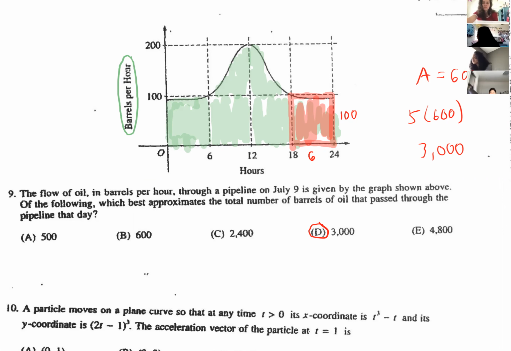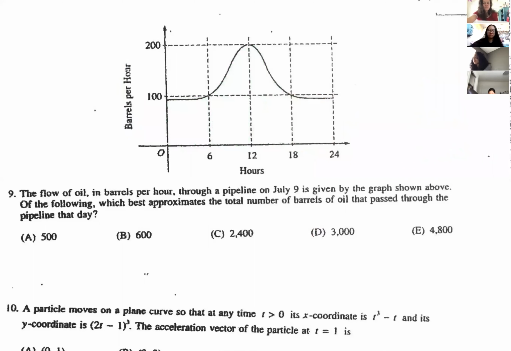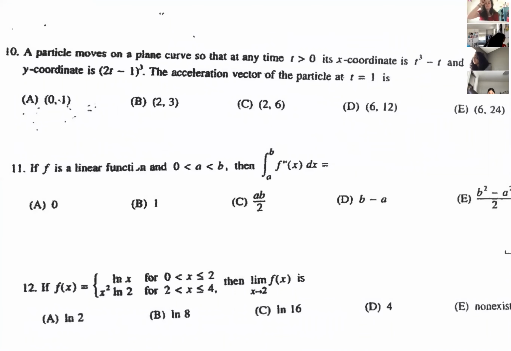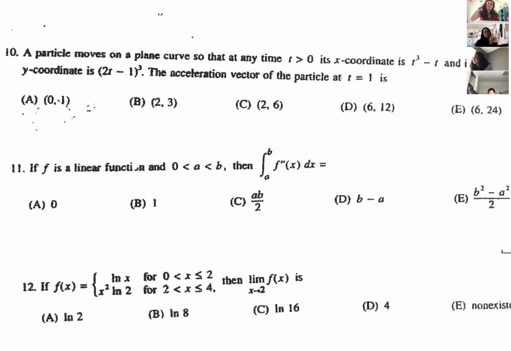Okay, what else on this page? Number 11. Let's look at number 11. Okay, number 11. It says a linear function.